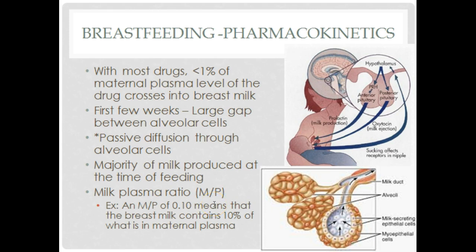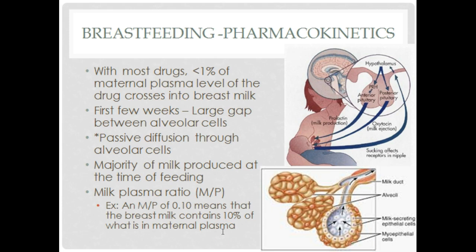And then lastly, I just wanted to explain this concept that holds a little bit of value. It's the milk plasma ratio. Basically, it's up to 1, and if it was 0.1, that would mean that breast milk is containing 10% of what's in the maternal blood plasma.